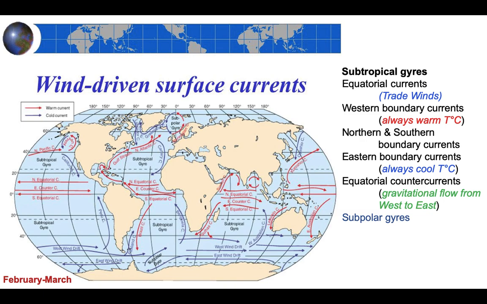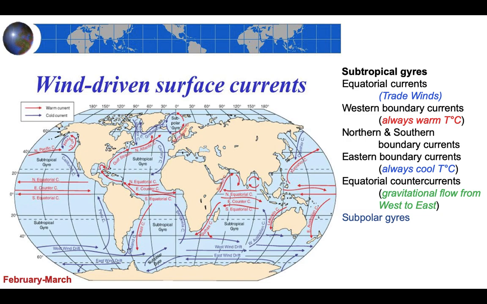So in general, these western boundary currents are always very warm, and they bring warm waters and warm climate to the surrounding continents. And the eastern boundary currents are always very cold and bring cold air and cold climate to the surrounding continents. That's why Northwest Africa is always cold and dry, like in Morocco and so forth.